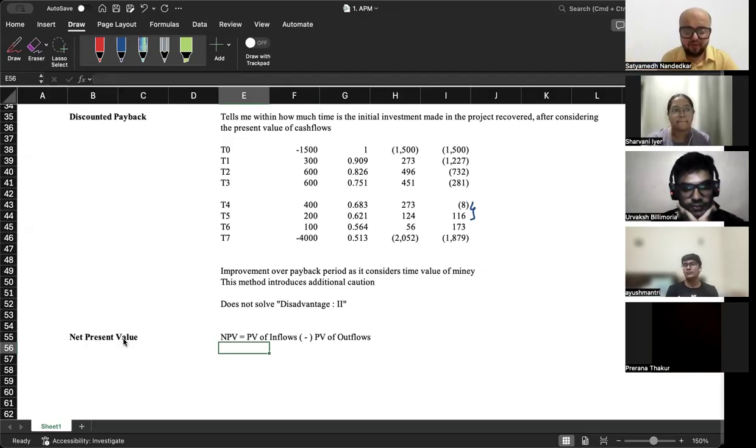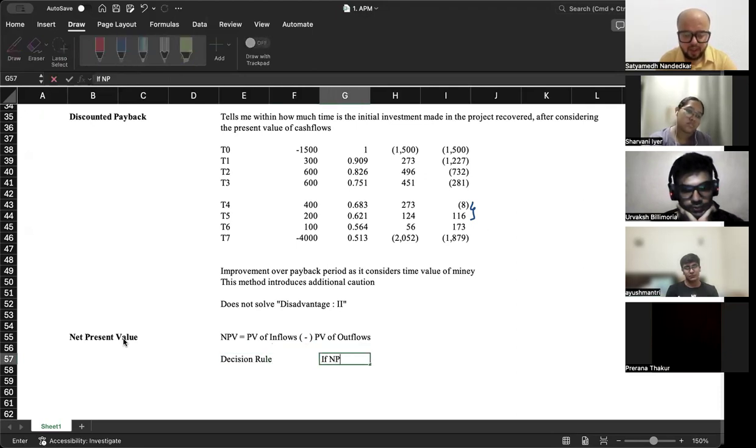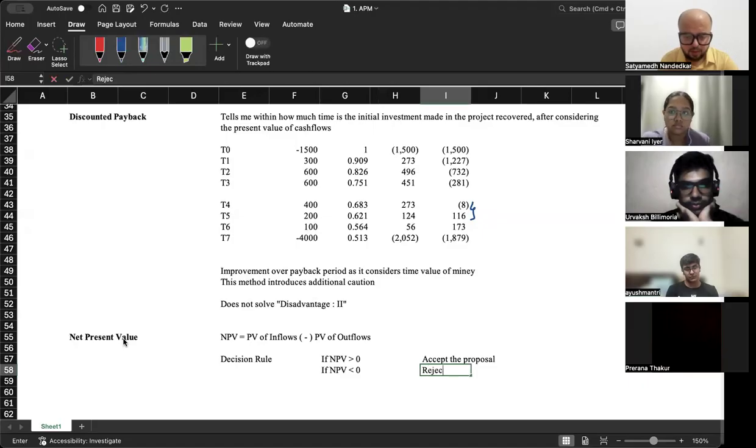So here, if NPV is greater than 0, let us understand what is the decision rule. The decision rule is, if NPV is greater than 0, then accept the proposal. If NPV is less than 0, then reject the proposal.